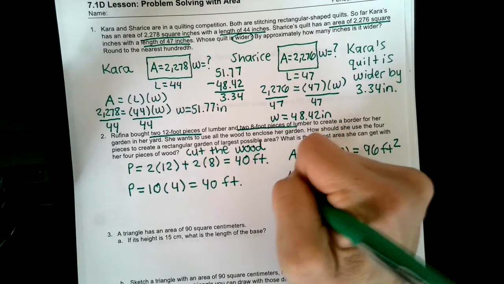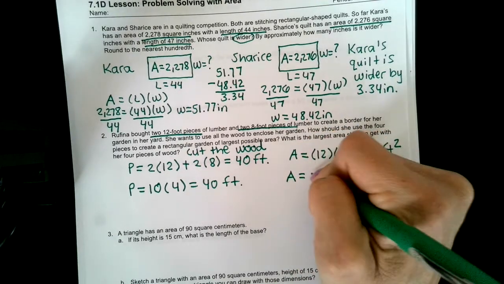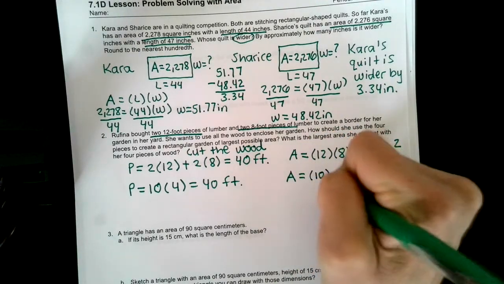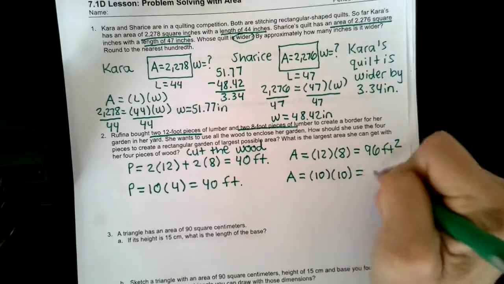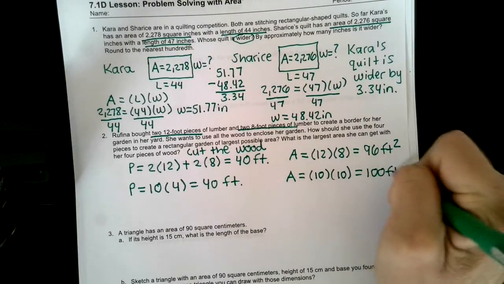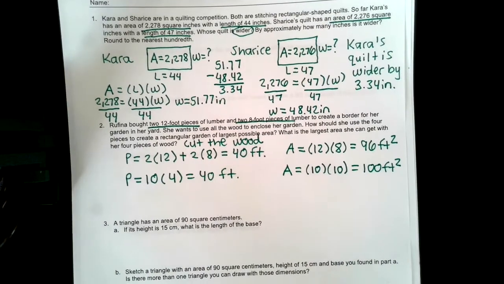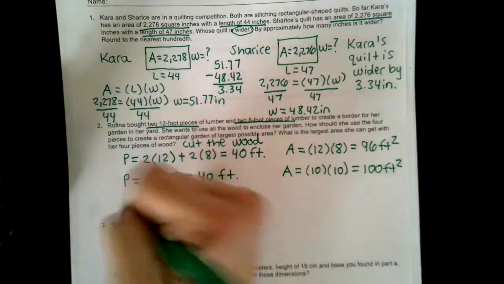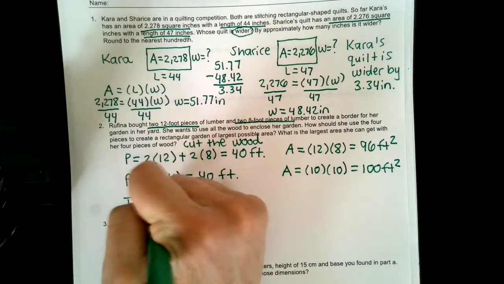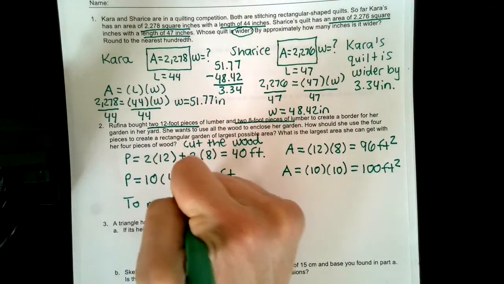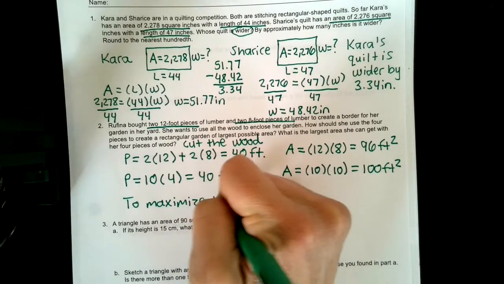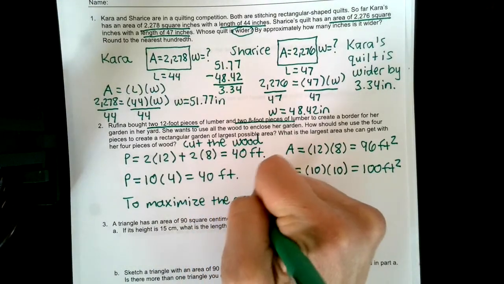So if I were to find the area of this square, I would multiply 10 times 10, which would be 100 feet squared. So for me to maximize the area, I would want to create a square shape. So to maximize the area, create a square.